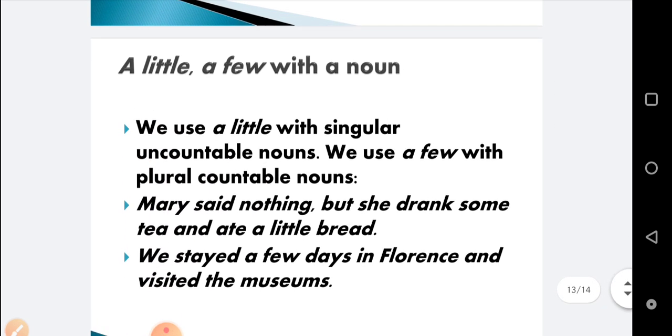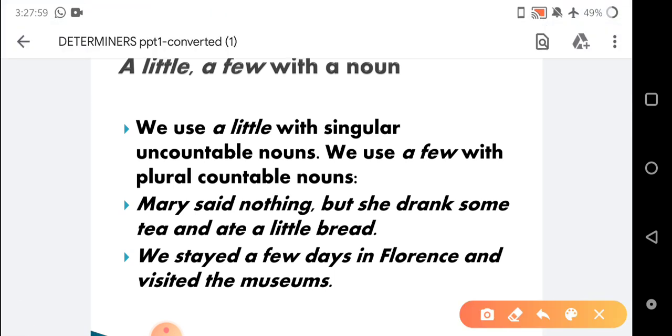A little and a few are used with nouns in this way. We use a little with singular uncountable nouns. Little, you remember forever, little is for uncountable. Few is for countable. Right?